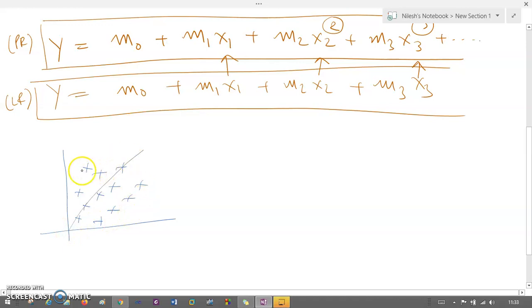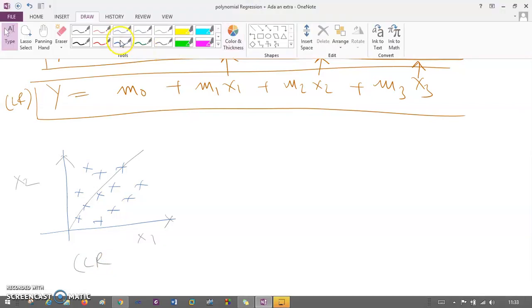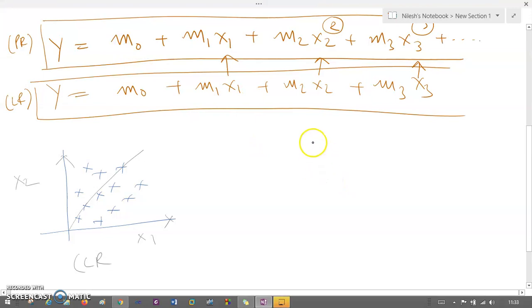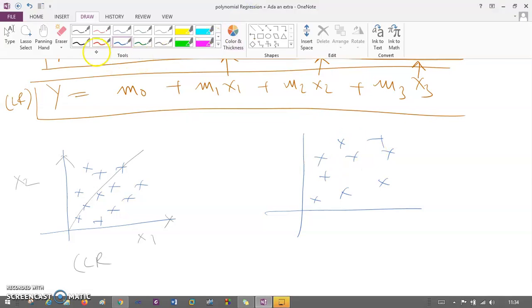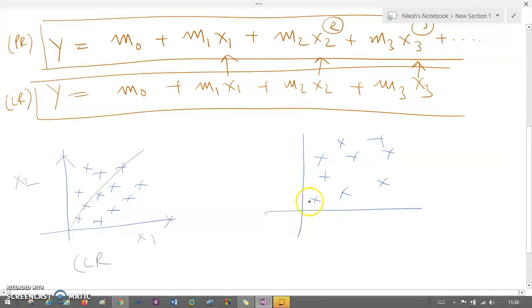This is x2, this is x1. This is linear regression. And the same thing if you apply for polynomial regression, these are the points, and the polynomial regression line is going to be like this.